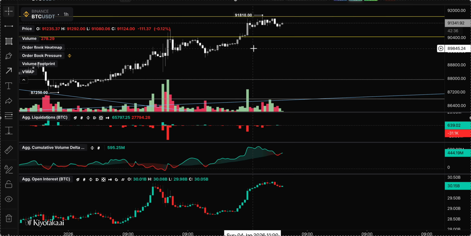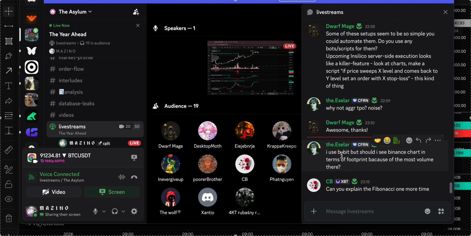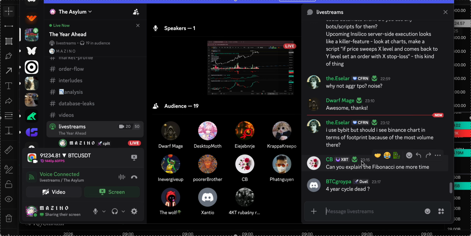That's absolutely fine. Bybit is good, also for the TPO. In terms of footprint, I think it's fine for Bybit.